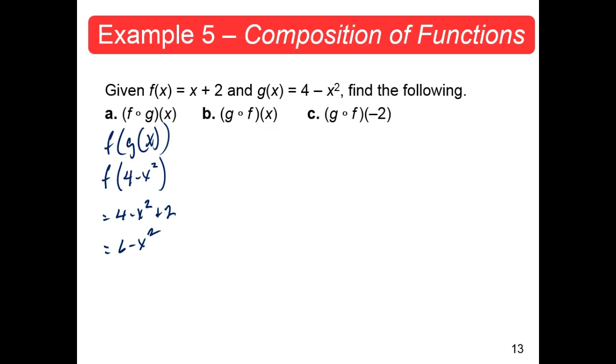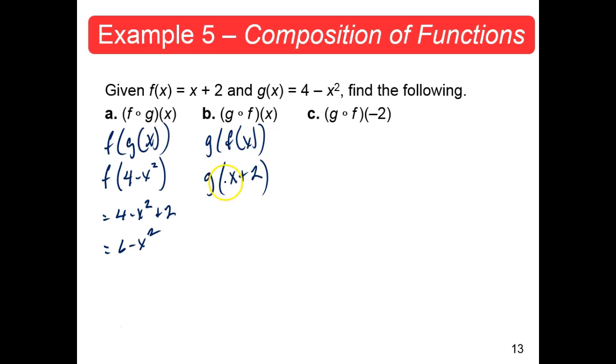Now, let's do g composed with f. What would that mean? g of f of x. And what do we plug in first here? x plus 2. That's what f of x is. You just plug it in. And then the g is going to operate on that. Well, what does that do?